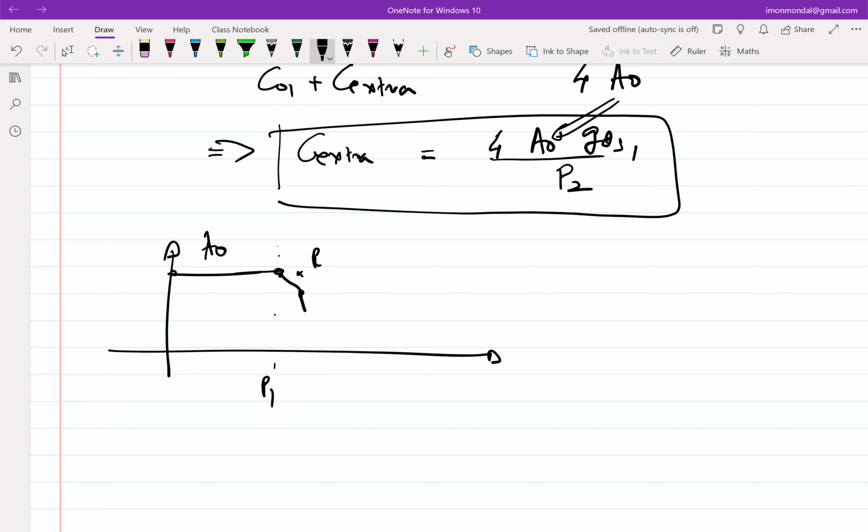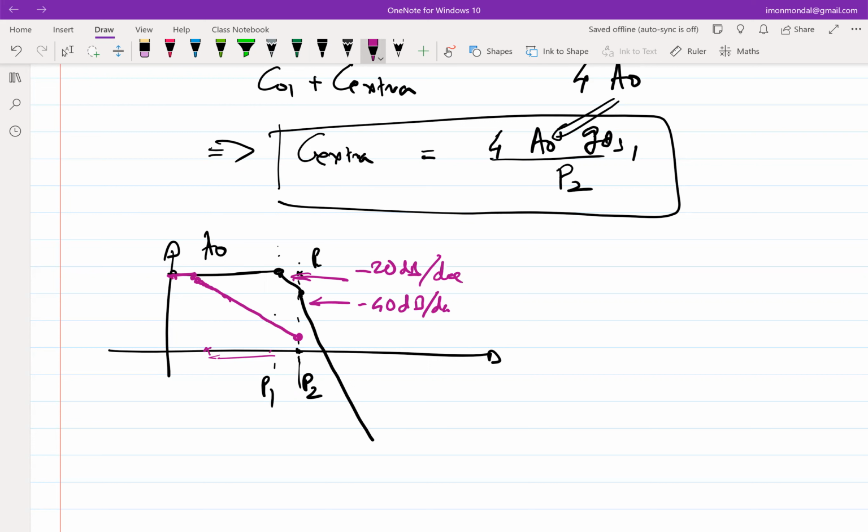You have decreased P1. So your P1 has gone down from here to somewhere here. But your DC gain hasn't changed. So your response will now become something like this. This was 20 dB per decade. This was 40 dB per decade. So this will go something like this and then go by 40 dB per decade.